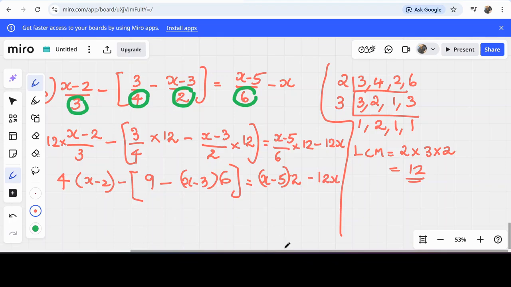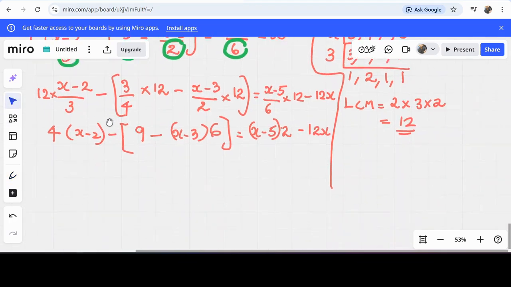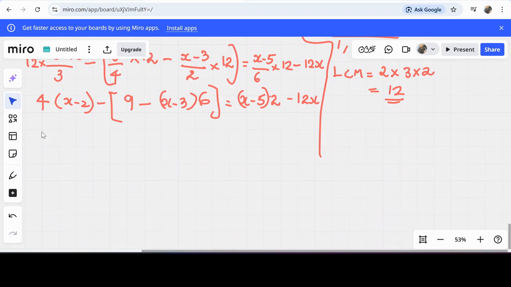Now in the next step we can open the bracket. So here 4 into x minus 2, I will write it as 4x minus 8 minus then 9, here minus 6 into x, so minus 6x, then minus into minus is positive, which is plus 6 into 3, 18.